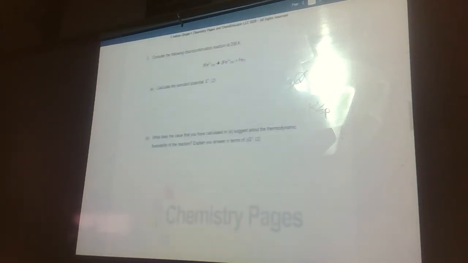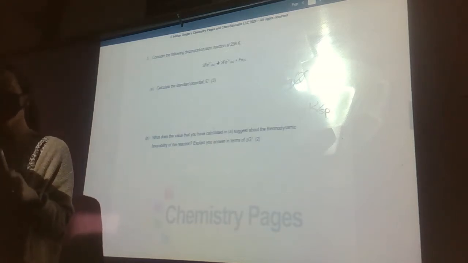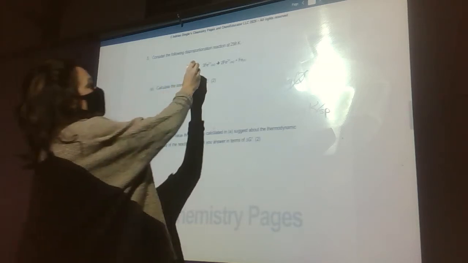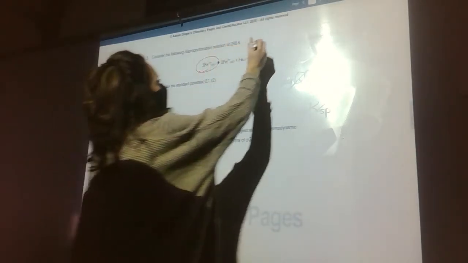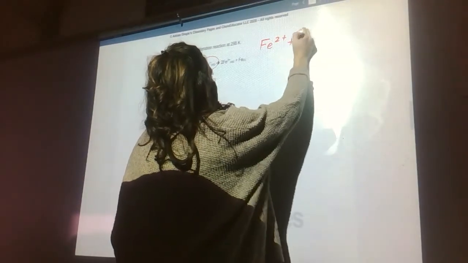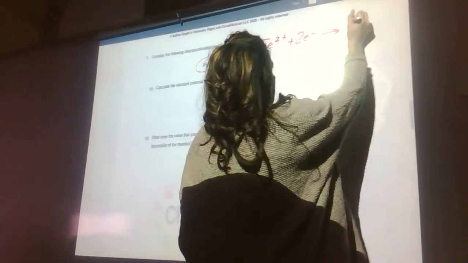Number 3, consider the following disproportionation reaction at 298 Kelvin. So disproportionation, if you remember from redox, means that the same thing is being oxidized and reduced at the same time. Fe2+ is gaining 2 electrons to become Fe.